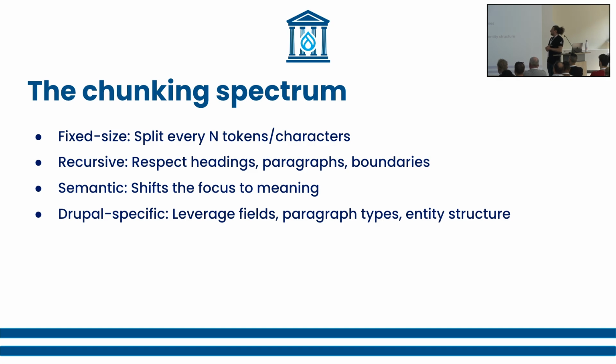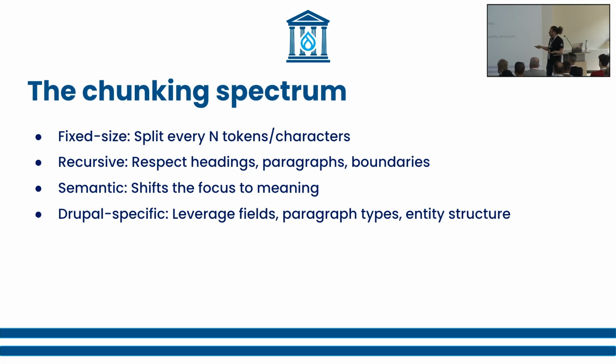So these are some of the techniques that we use for chunking. We have the fixed size, where we split the content every number of tokens. Recursive, where you can define, I don't know, an HTML tag or some other delimiter to break down into chunks. And semantic, where we pass it to the LLM to understand the meaning and create the chunks.